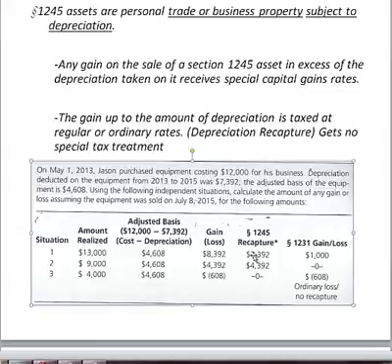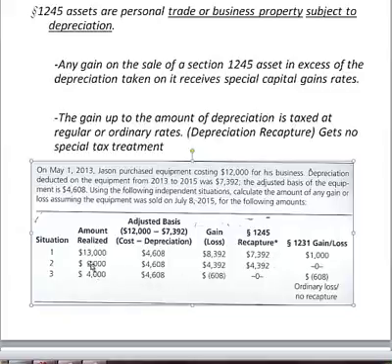So we only get preferential tax treatment on the amount of the gain that is in excess of the depreciation. So the gain was $8,392. The depreciation recaptured, as given in the problem up here, was $7,392. So the difference is $1,000. So the $1,000 gets capital gains treatment, or a much lower tax rate, whereas the $7,392 portion of the gain is taxed at ordinary rates.